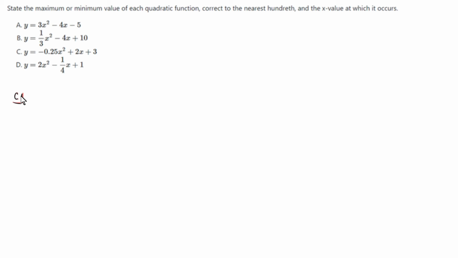So in C we have y equals negative 0.25 x squared plus 2x plus 3. So we need to factor out the greatest common factor from the first two terms. That's going to be negative 0.25.